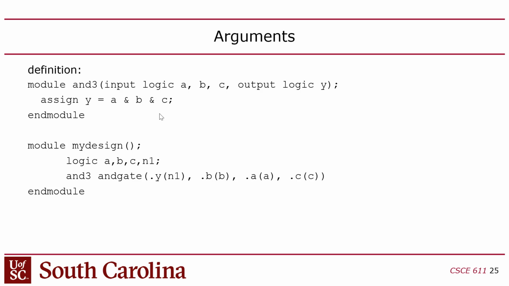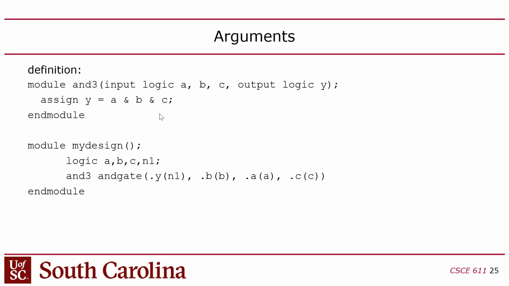Here's an example where you instance a module, the AND3 module. We call it AND gate, and you have this section here that's the port map, where you connect signals inside of my design to the inputs and the outputs of the AND3 module that we've instantiated.